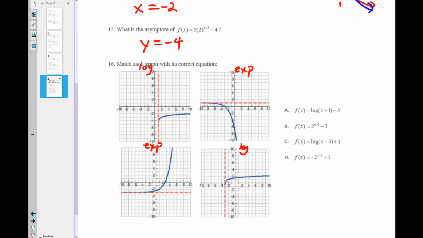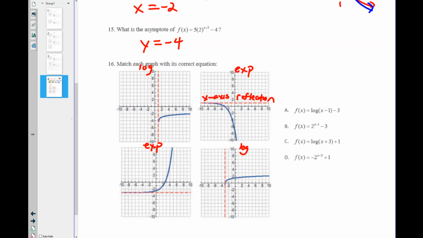Once you know that, we can take a step further. This one looks like it reflected, like it's going to have an x-axis reflection because it flipped over the asymptote. Even though it doesn't look like you're going to need that, because every asymptote is unique.